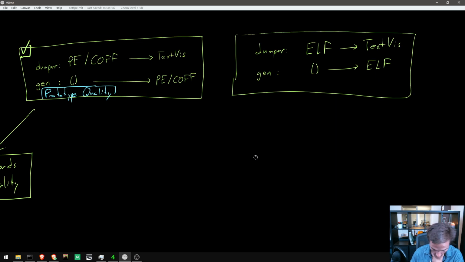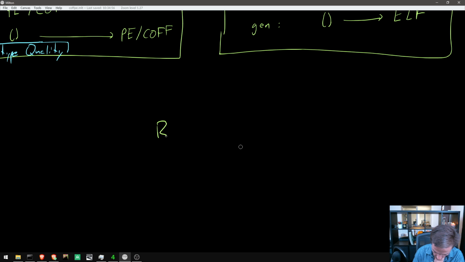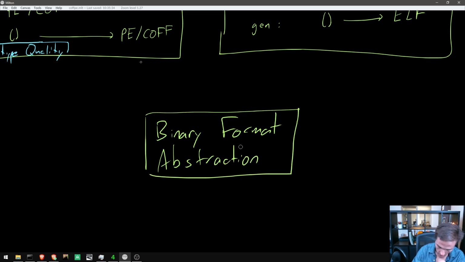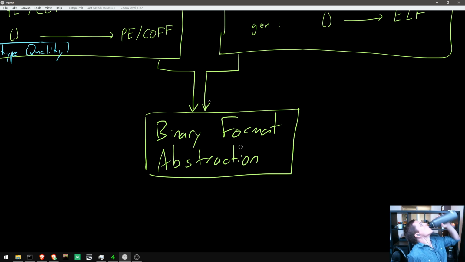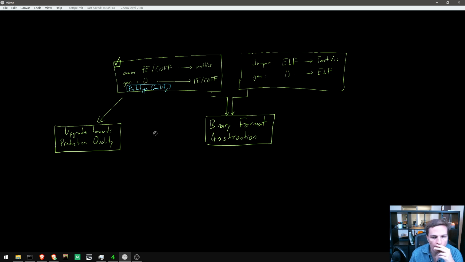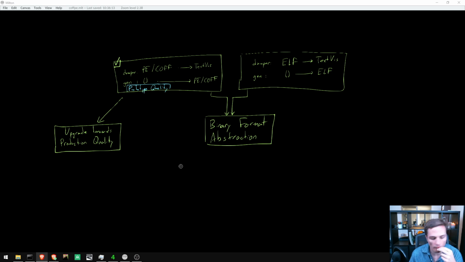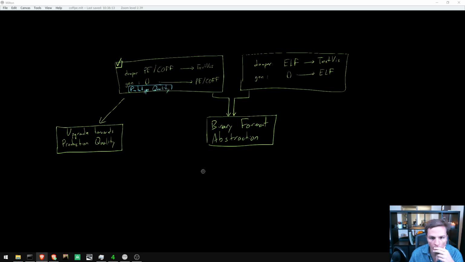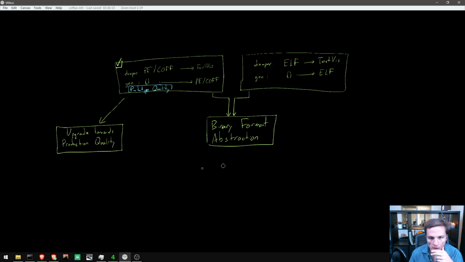And if we did both of those, we could then work on a binary format abstraction plan. So that's an option.